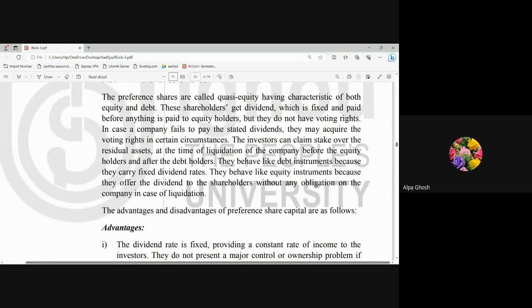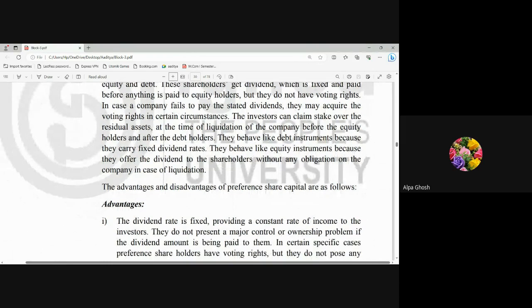They fall under the category of ownership, but the difference in preference share and equity share is that whenever we pay dividend and then we have a claim on assets, the preference shareholders are paid first, and then the leftover, the balance, the residual is paid to the equity shareholders.